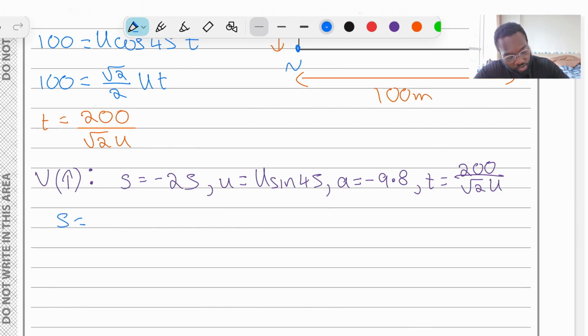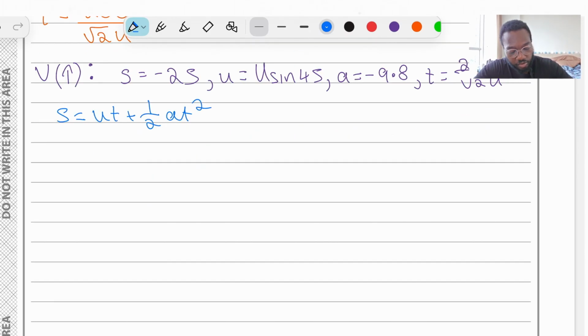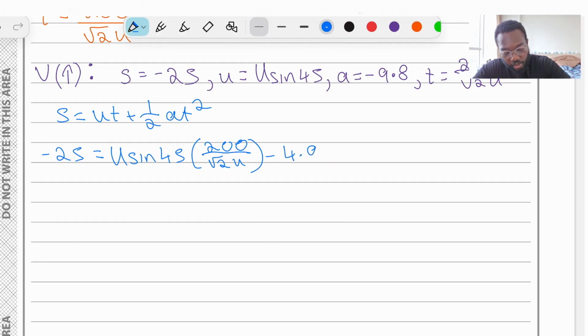So we use a SUVAT equation of s equals ut plus a half at squared. So let's start inputting our values. We get minus 25 is equal to u sine 45 times t. We know that t in this case is going to be 200 over root 2u, and then we get plus a half times 9.8, so that is minus 4.9, and then we get 200 over root 2u squared.